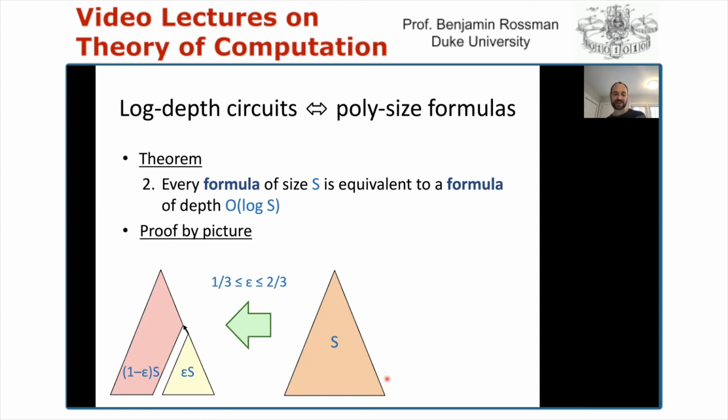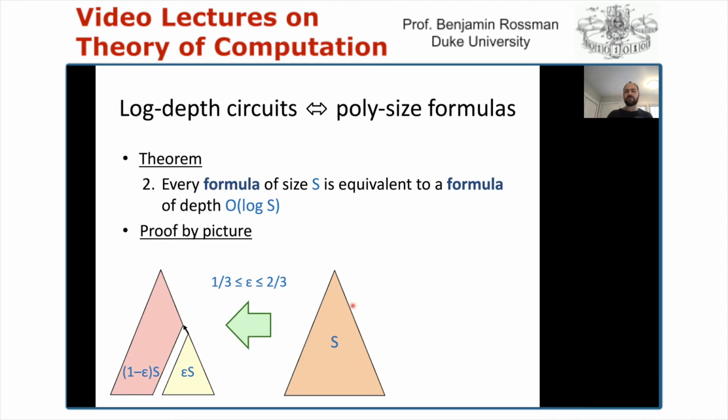We're going to find some edge, some wire in this formula, where if you remove that wire, you'd split the formula into 2 subformulas, each of size between 1/3 s and 2/3 s. So the claim, in other words, is that there exists some subformula of the orange formula whose size is between 1/3 and 2/3 s.